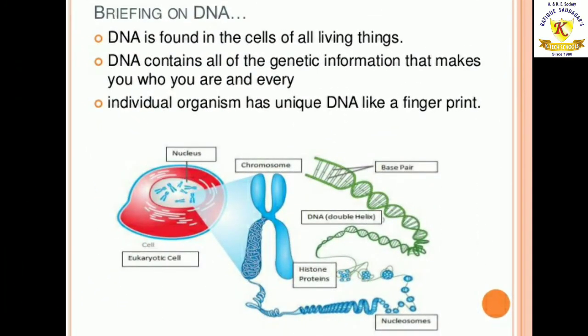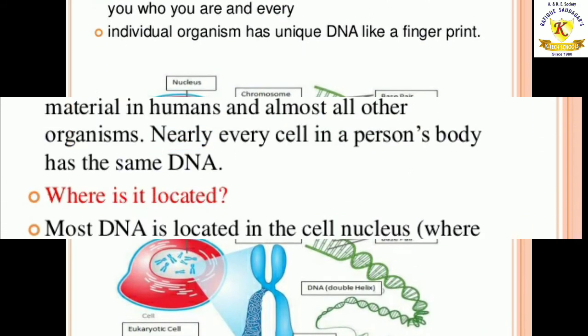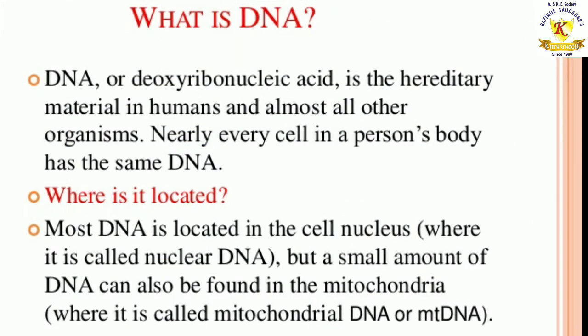DNA. It is found in the cells of all living organisms except viruses. DNA contains all the genetic information that makes you who you are, and every individual organism has unique DNA like fingerprints. Understood, children? What is DNA? DNA or deoxyribonucleic acid.